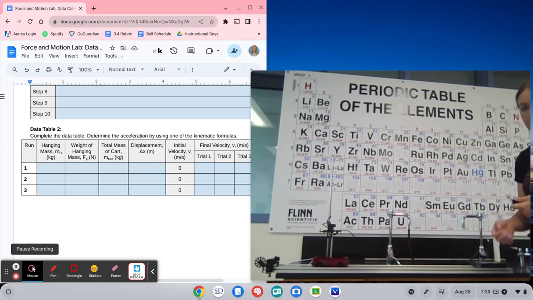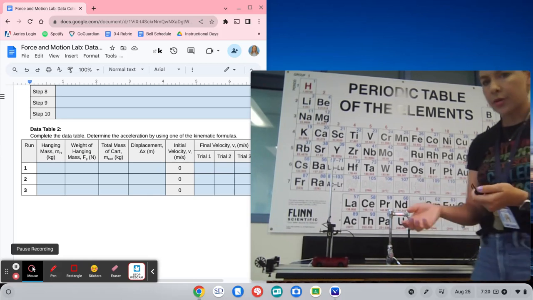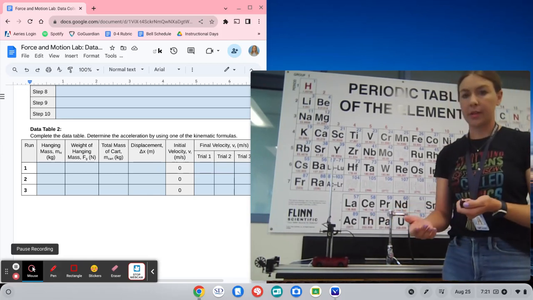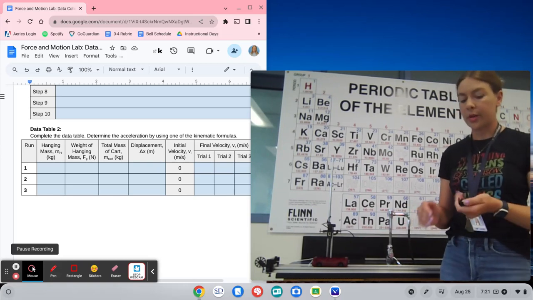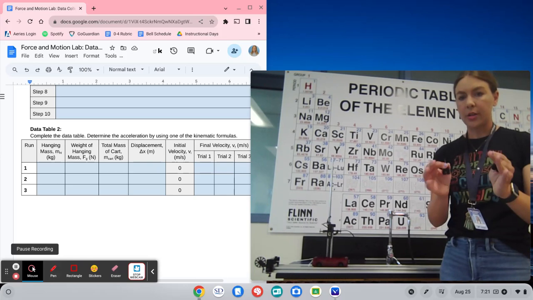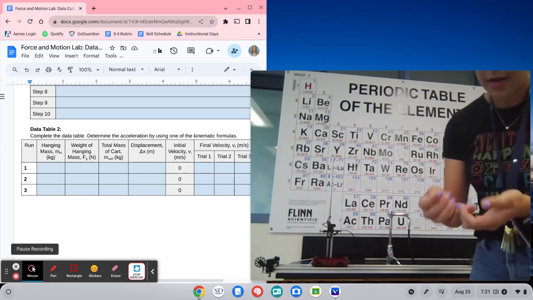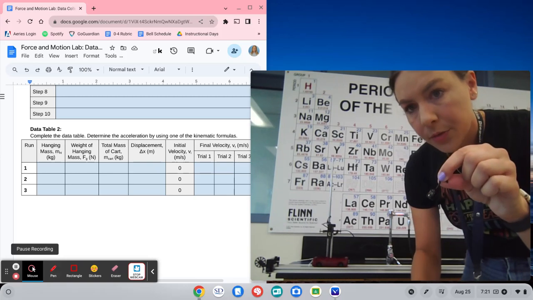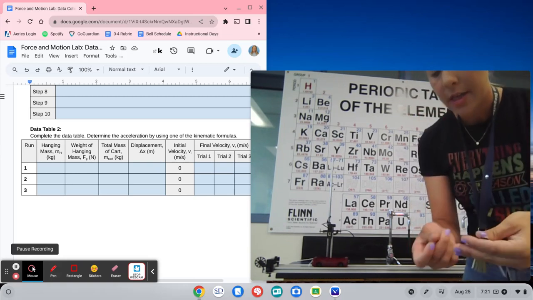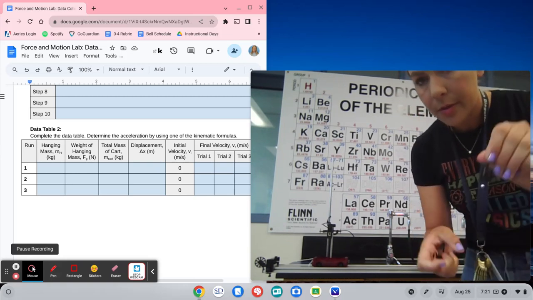For our second experiment, we're going to see how changing the force that's pulling the car is going to affect acceleration. So we're going to keep the car with no masses on it, so it is set at 260 grams. What I'll be doing is changing out the hanging mass. So I'm going to start off really small, with this really tiny 10 gram hanging mass. Then I'm going to do the 20 gram hanging mass.